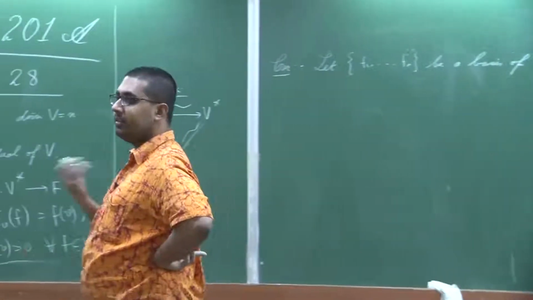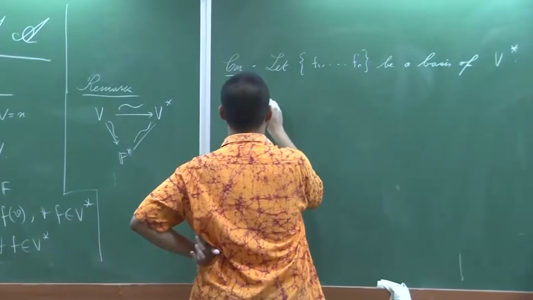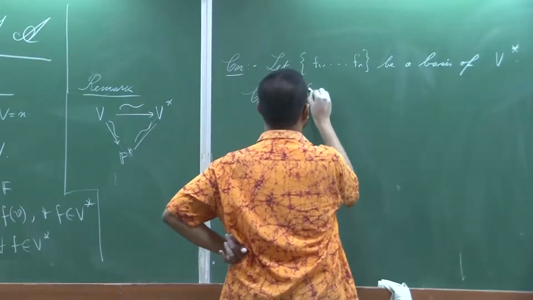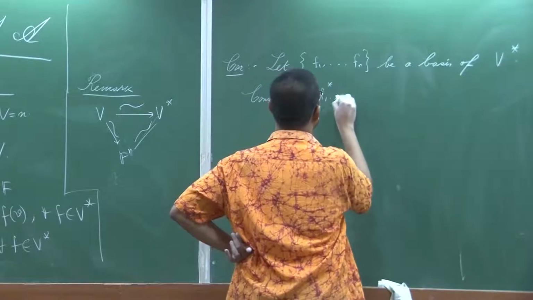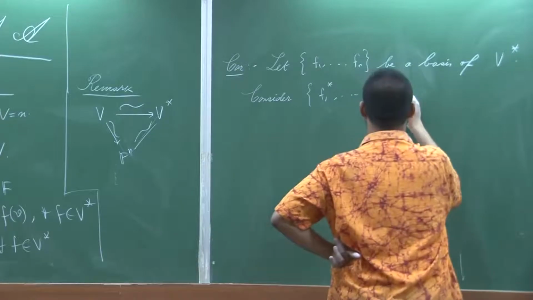So, we start with a basis and then consider its dual basis. Let us denote them by f1 star up to fn star, which is the dual basis.